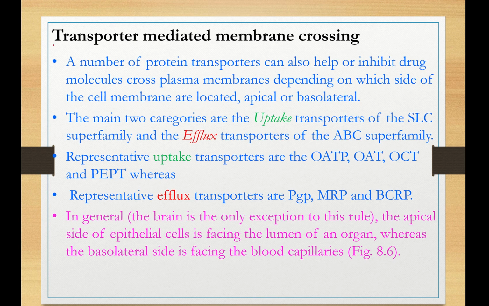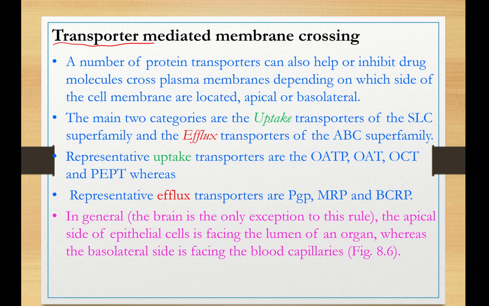So now we are proceeding to the active transporters. In general, we have two main categories of transporters, I would say transporters because some of them do not require energy, but it's definitely not diffusion mediated. So we have two categories of protein transporters.